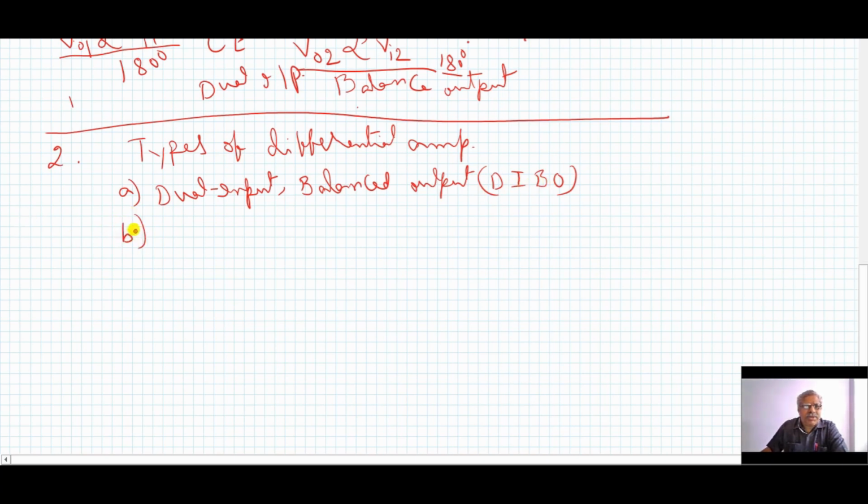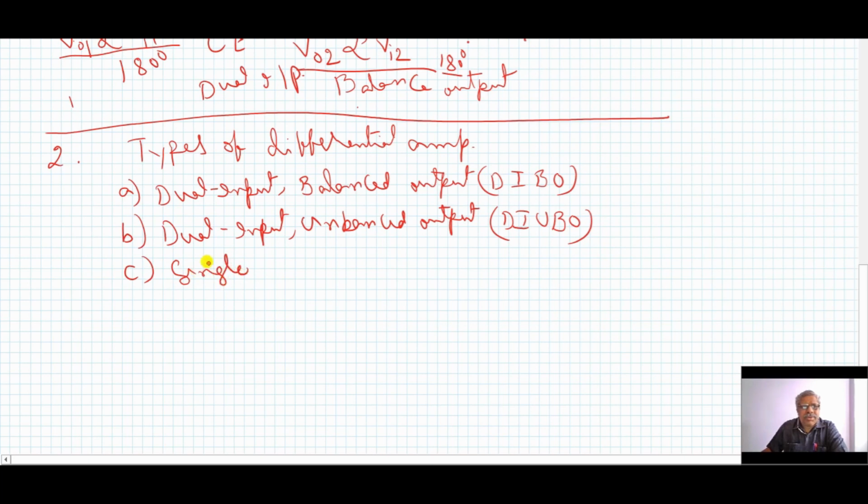And the second type is dual input unbalanced output, DIUBO. And the third type is single input balanced output, SIBO.